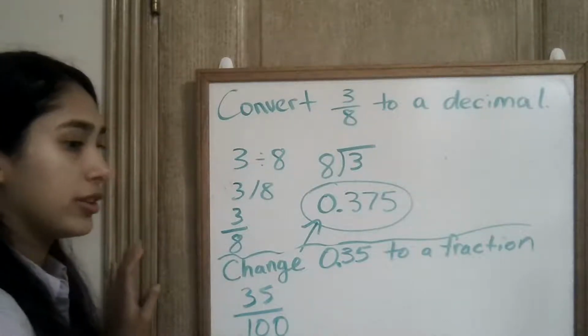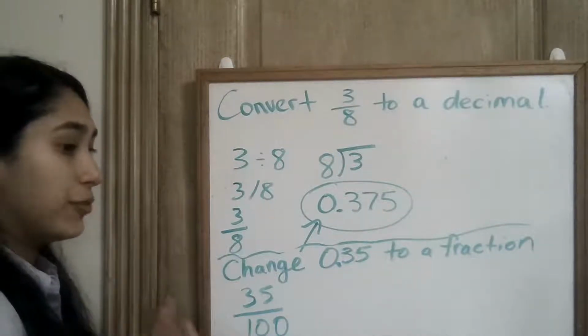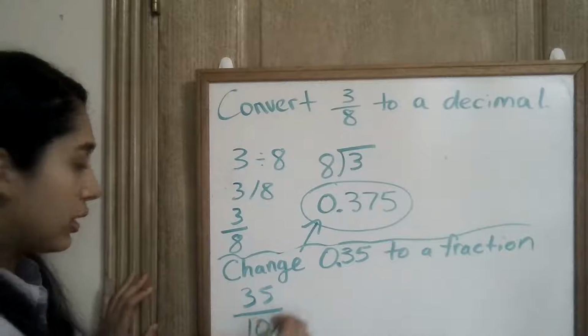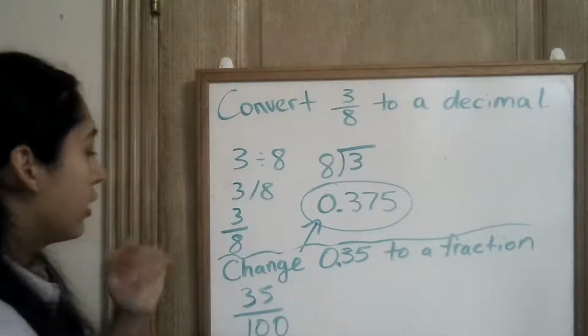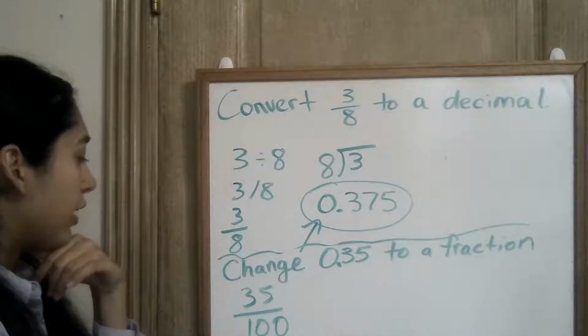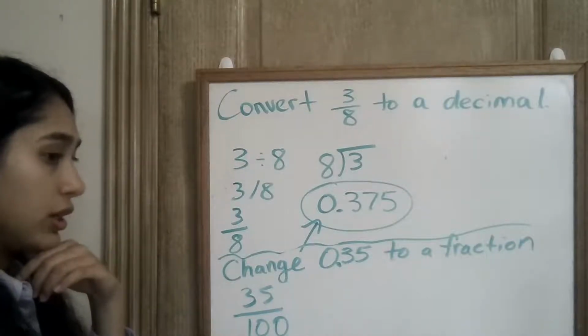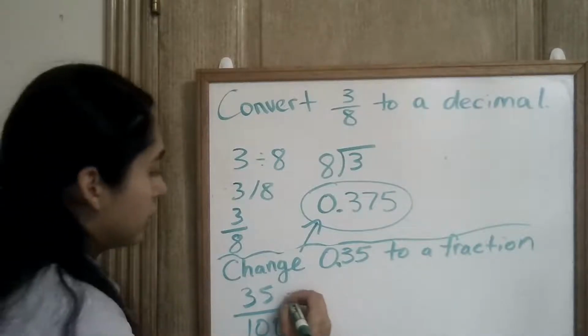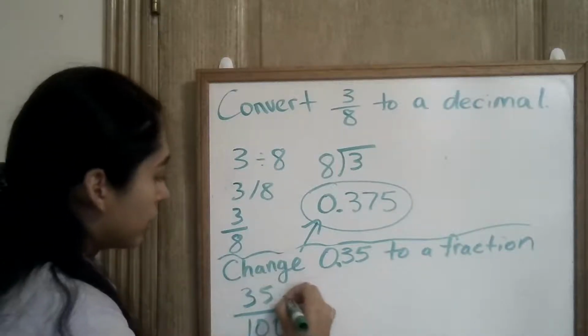Yes, this is starting to look like percentages. Yes, and we'll get there soon enough. So I can go ahead and simplify it. What is a common multiple of 35 and 100? It's 5, because let's go ahead and divide by 5 on both sides.